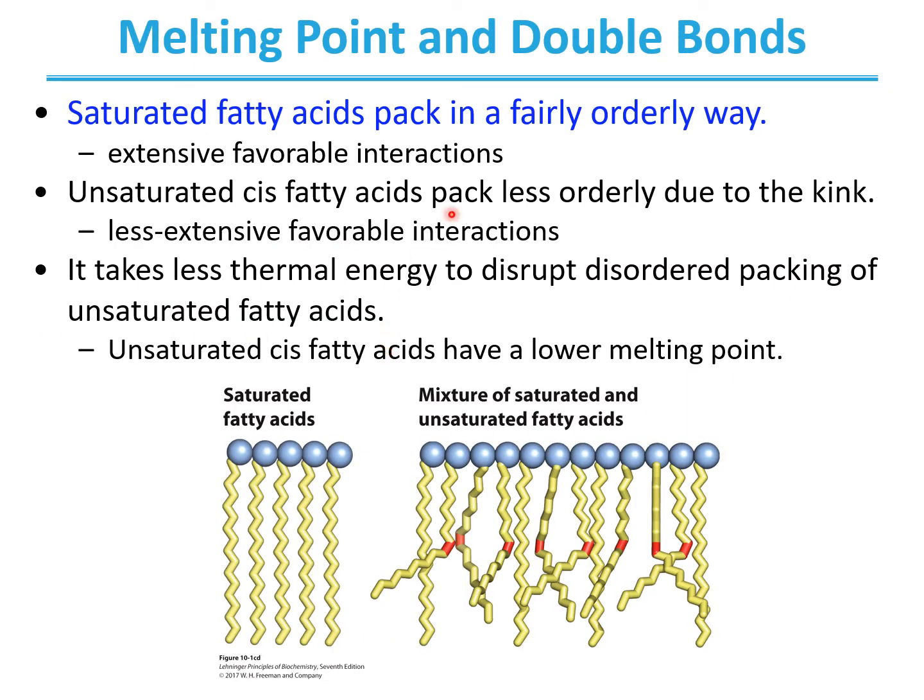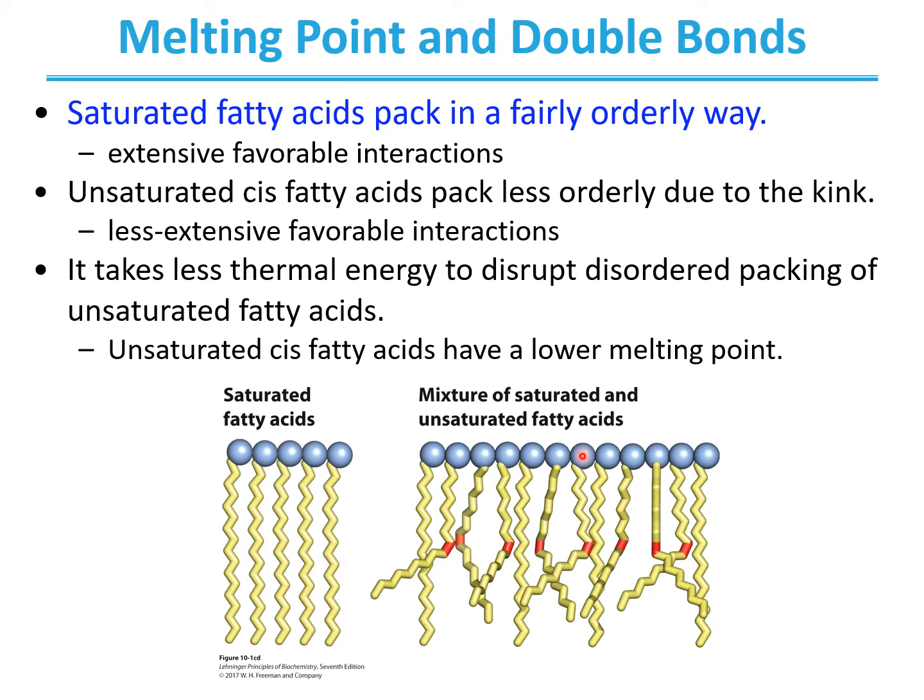This means that completely saturated fatty acids tend to have a linear conformation, so these hydrocarbon chains can pack well together, and they have much more stable interactions between the hydrocarbon chains.